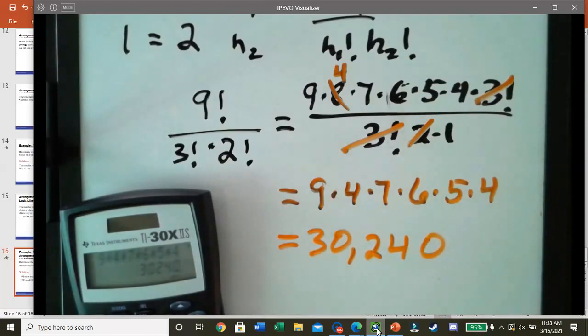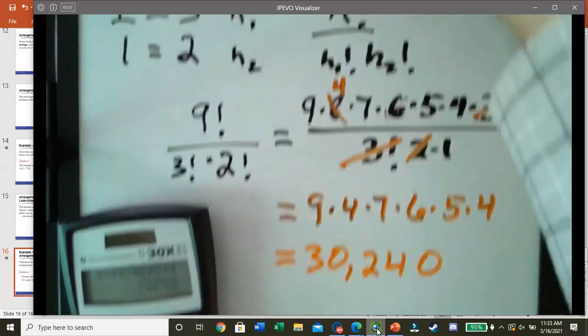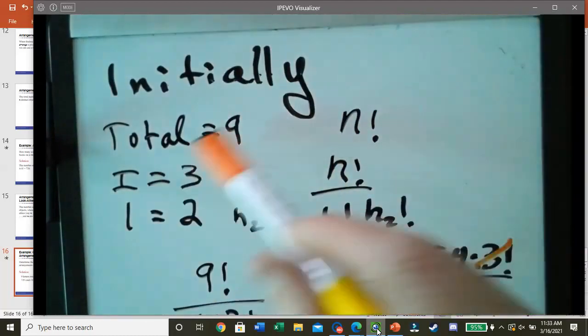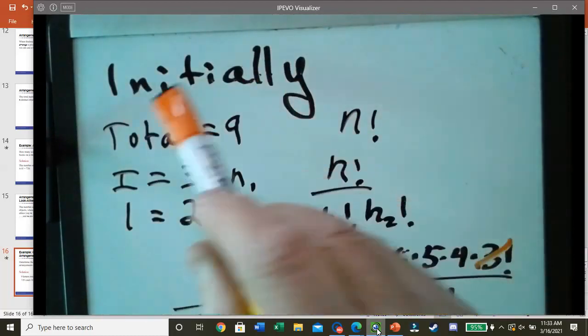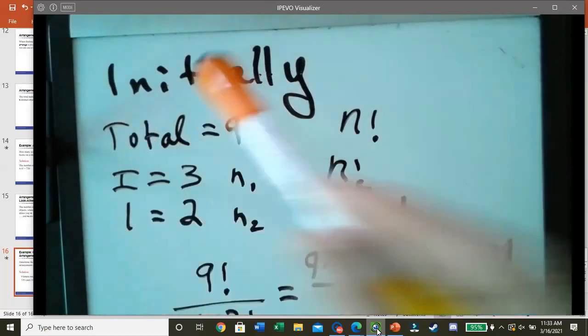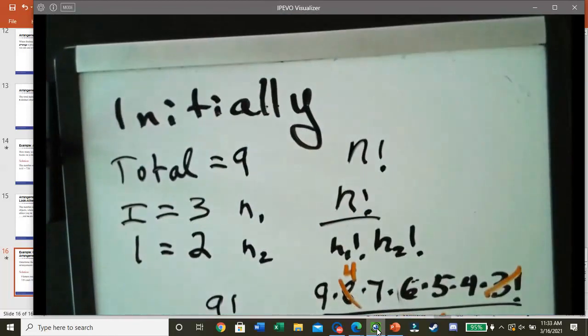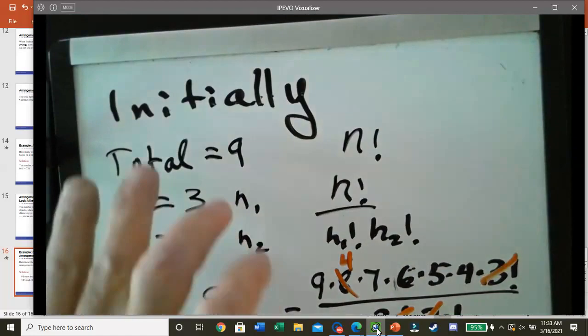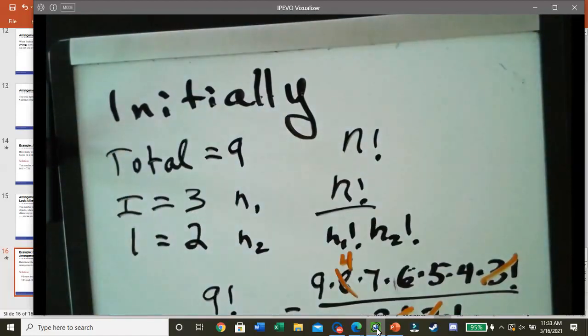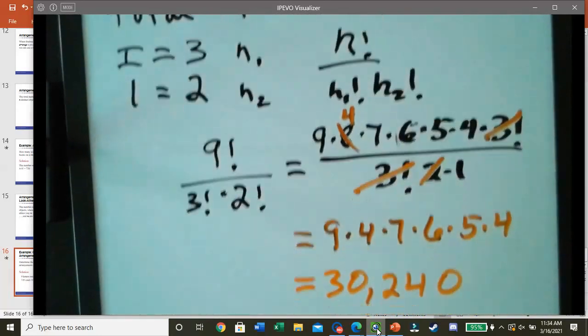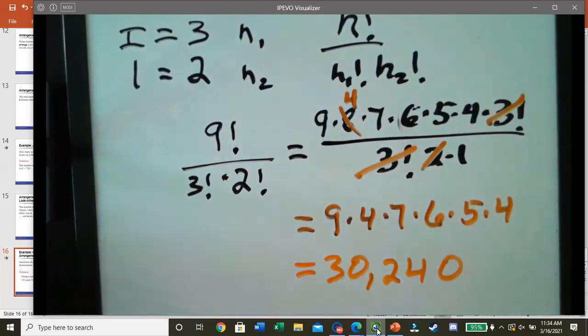So what that's saying is we get 30,240 ways of arranging the letters in initially, since we have 2 l's and 3 i's. It's not going to be 9 factorial because the 3 i's are always going to be the same. So you have to take the repeating letters into consideration. Okay? Questions with that?